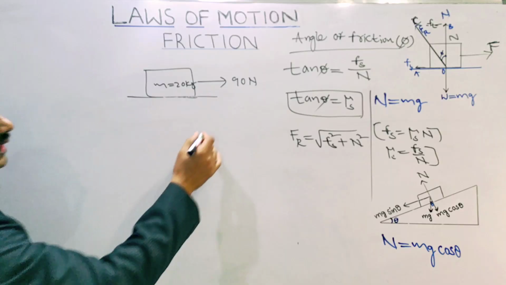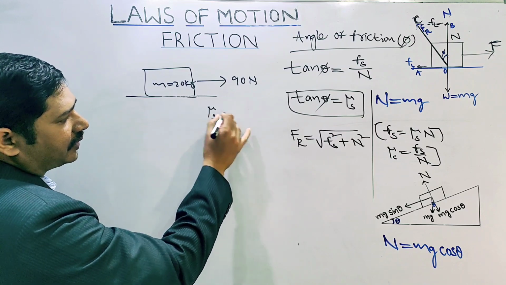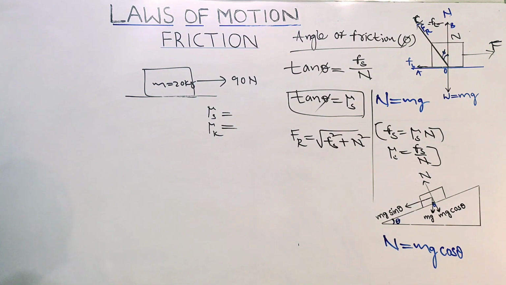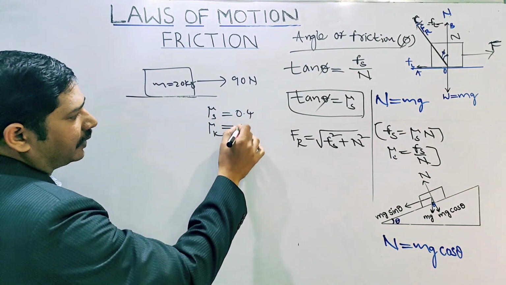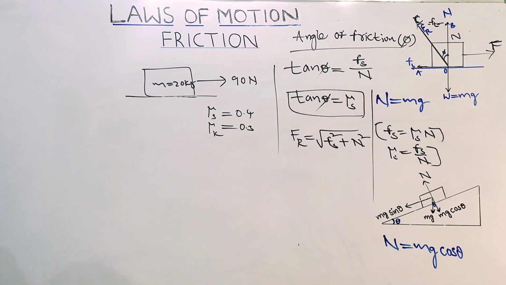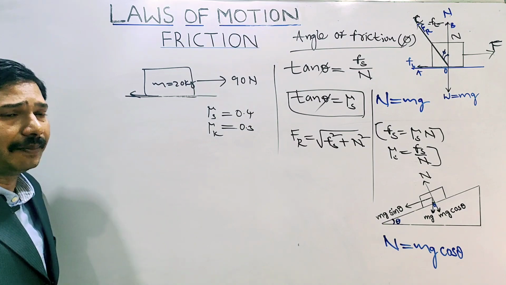At the same time, two coefficients of friction are given, static and kinetic, 0.4 and 0.3. They are asking for the frictional force acting on the block.